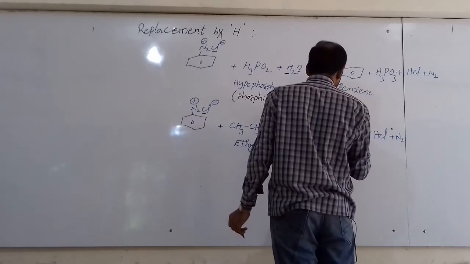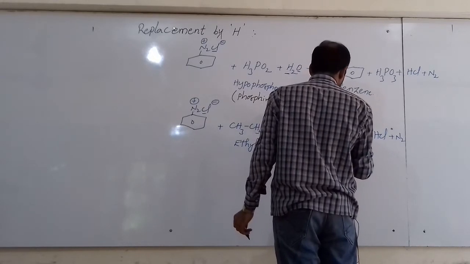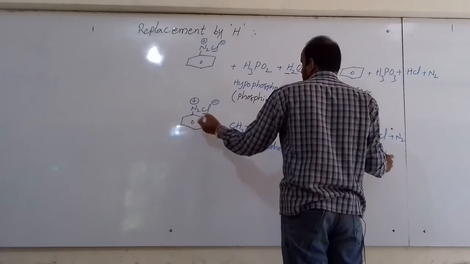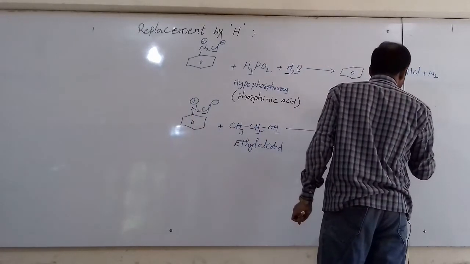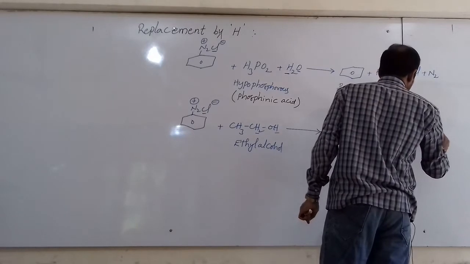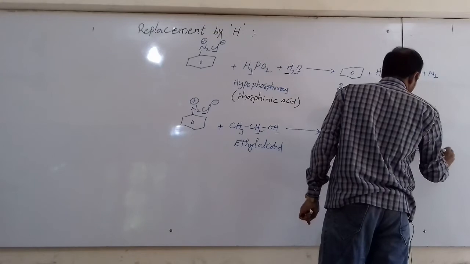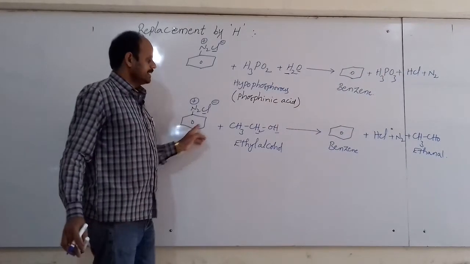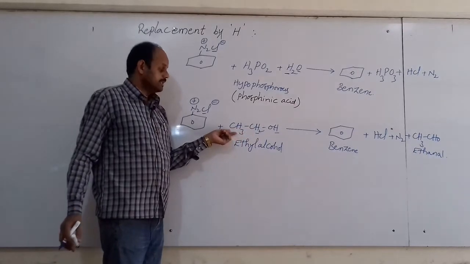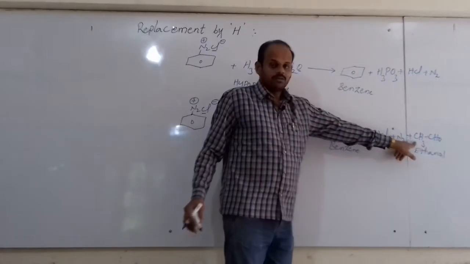Thus we get benzene. And here what is there? CH3CHO, that is acetaldehyde, or ethanol, we get. Thus benzene diazonium chloride is reduced to benzene with ethyl alcohol, and ethyl alcohol is oxidized to ethanol.